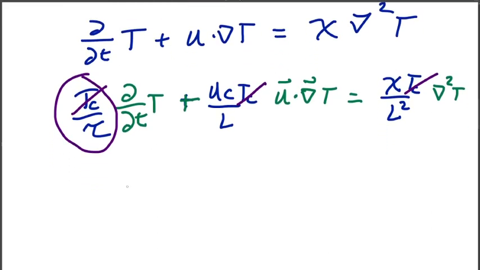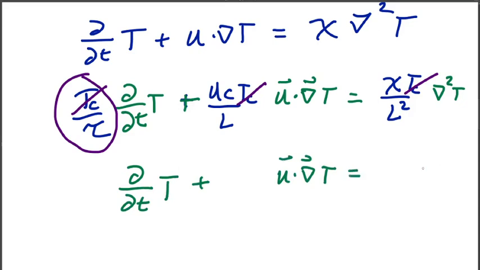So I'm going to collect some terms here for a non-dimensional system, d by dt of the temperature T plus u dot grad T, and we'll fix up our leading coefficients in just a moment. Is del squared T, those are our non-dimensional bits.